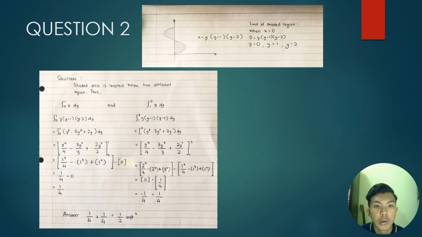So we got 0 minus 1 over 4, and the last answer is negative 1 over 4. In positive, 1 over 4. So the real answer is 1 over 4 plus 1 over 4. We got 1 over 2 unit squared. Okay, thank you.